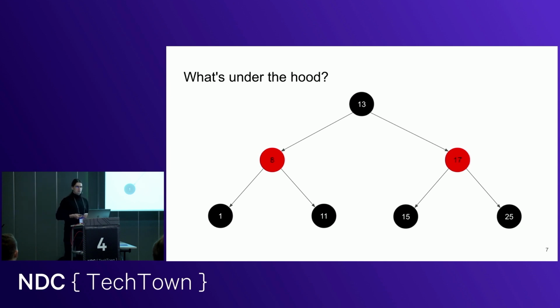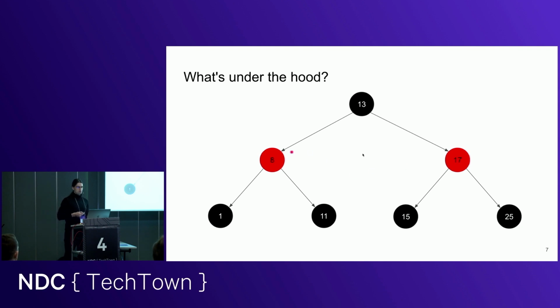Some fundamental properties of those trees help us provide good complexities for the three major operations. And those properties are that this tree is kind of sorted. You may see that the root is in the middle, and all left nodes are either less or equal to the root, and all right subtrees are greater than the root.